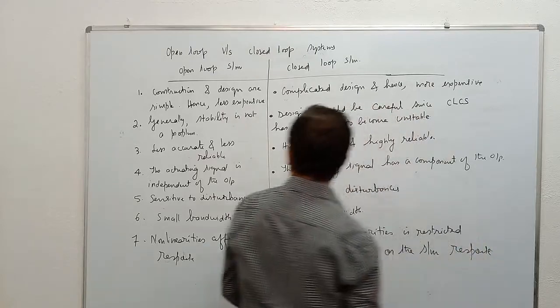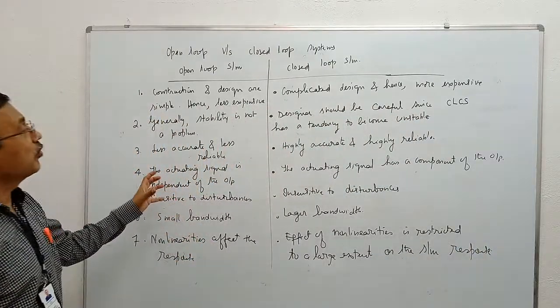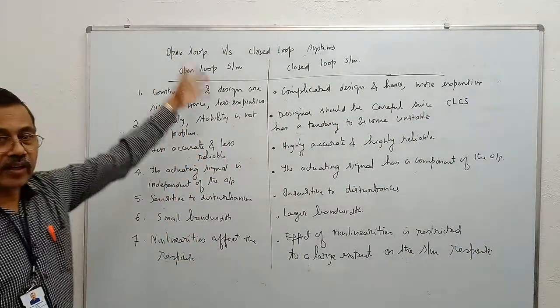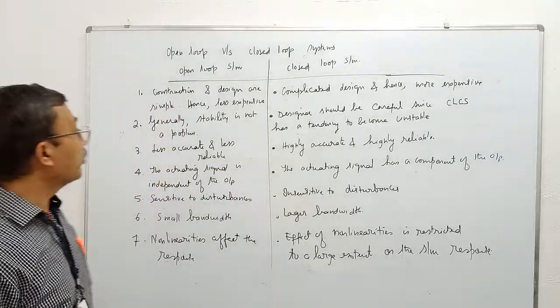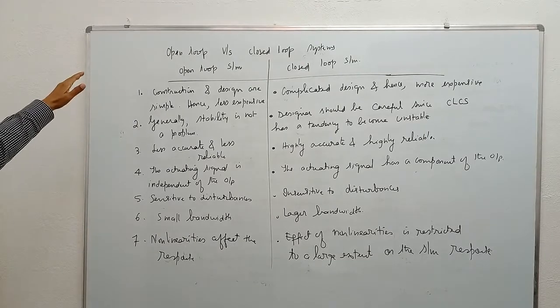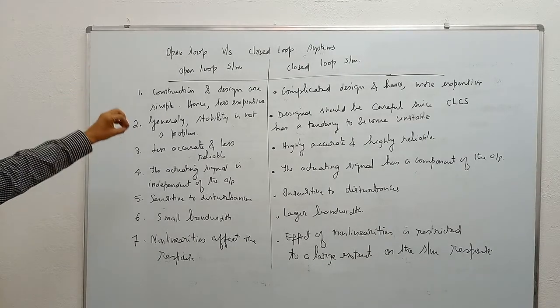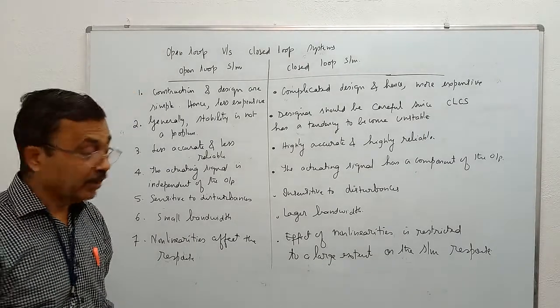In the examination, sometimes they ask, what are the advantages of closed loop systems? Then also you can write this. Or they may ask what are the differences between open loop and closed loop systems. These 7 points are very critical. Memorize them and write it in the examination.